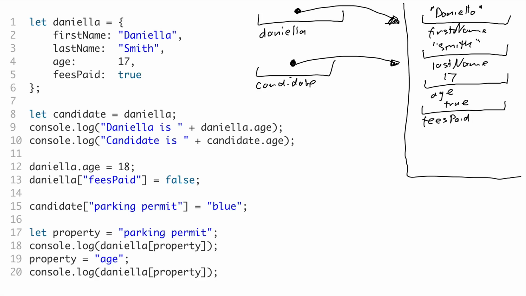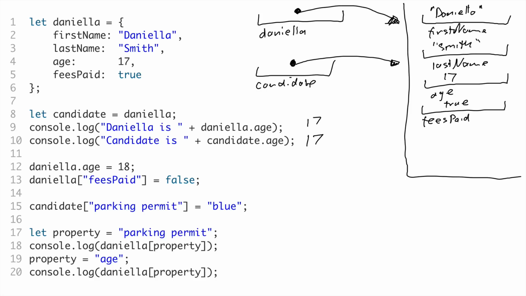So this log statement would print out Daniela is 17. The next statement says console log, and the difference with this one is that it refers to the candidate variable instead of Daniela. And we know that both of these variables point to the same object. So actually this statement has much the same effect. Obviously, instead of printing Daniela as it prints candidate is, but it still prints the value 17.